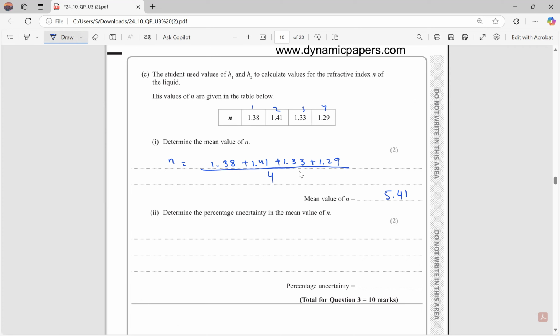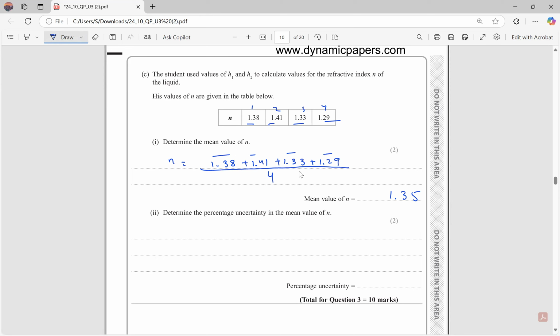Remember to use the correct number of significant figures. All of these have 3 significant figures, so I write the final answer to 3 significant figures. Sorry, I did not divide it by 4. This is 1.35. I got 1.3525 on my calculator, but I'm writing it to 3 significant figures because all of these are 3.